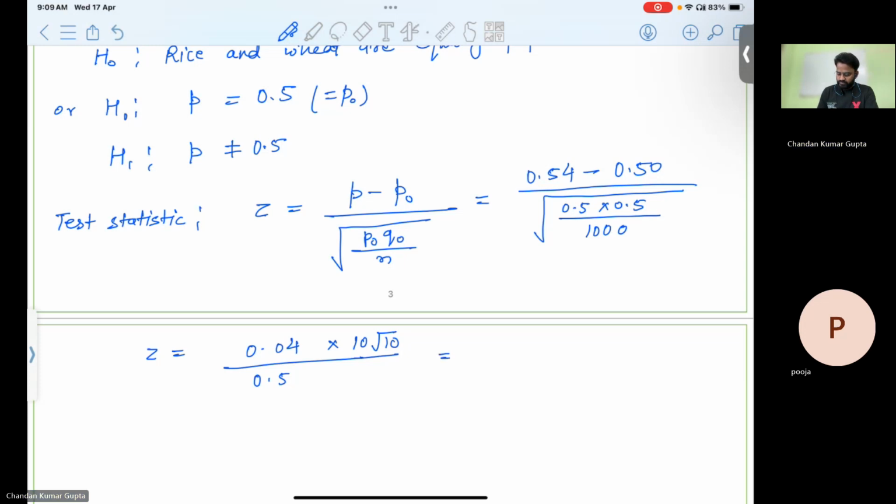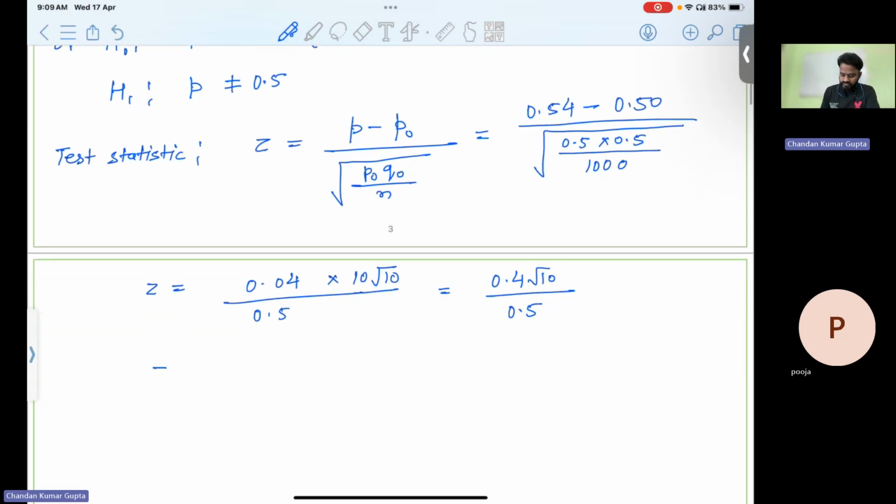So this is 0.4 root 10 divided by 5. After solving this, we will get z equal to 2.528. So our calculated z is this.